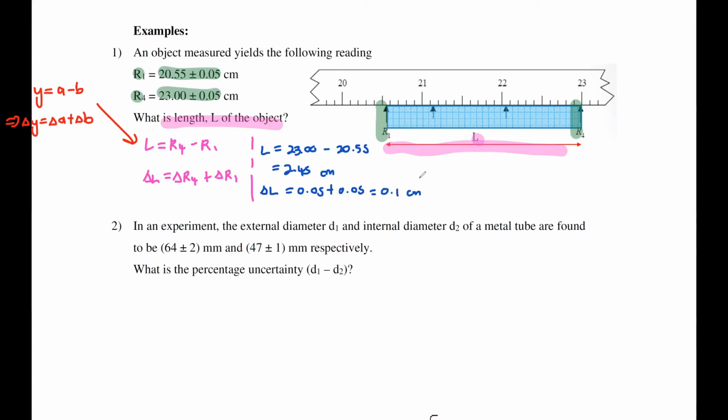Recall that earlier I mentioned that absolute uncertainty must be at 1 SF only. So this is 1 SF and 1 dP. And the measured value must follow the dP of your absolute uncertainty. Since this one is at 2 dP, we would need to round this up to 1 dP. So the final answer would be L equals 2.5 plus minus 0.1 centimeter.